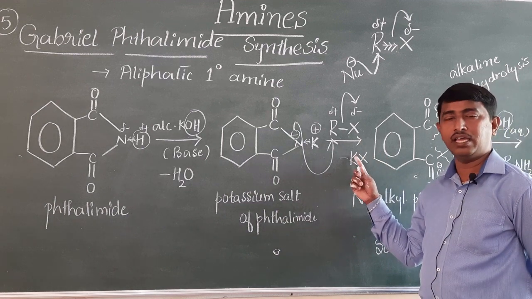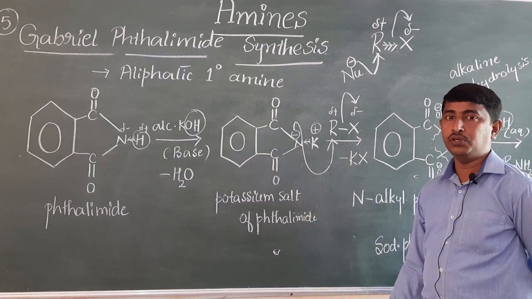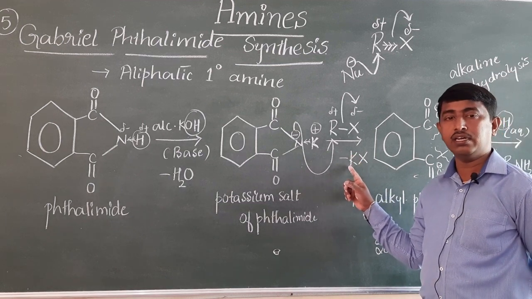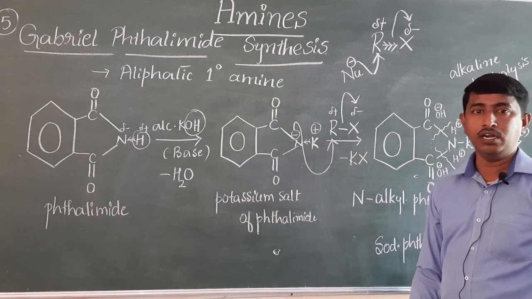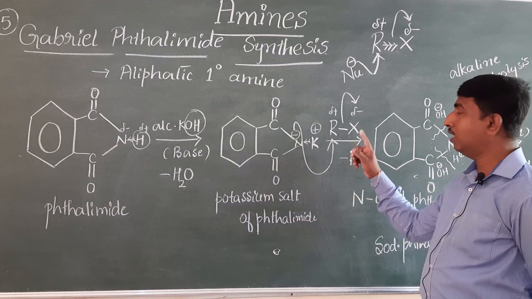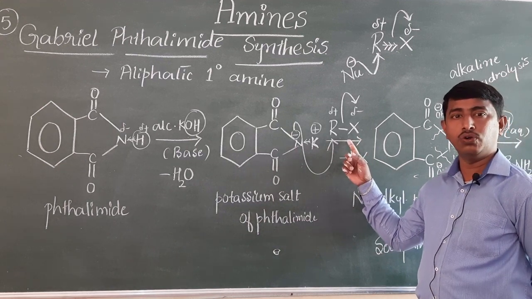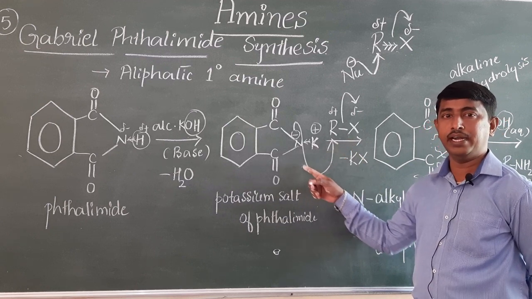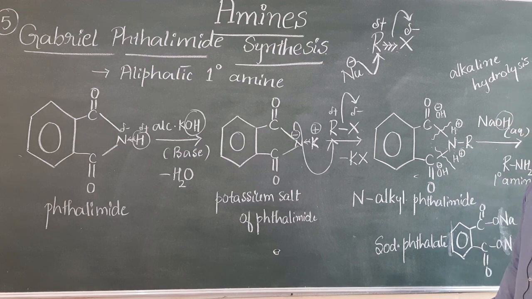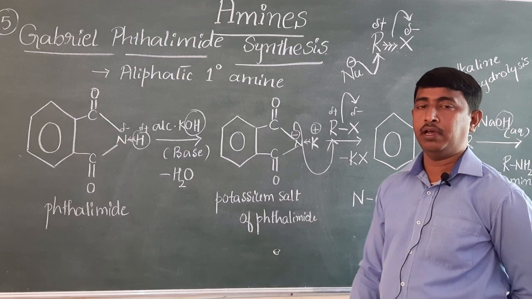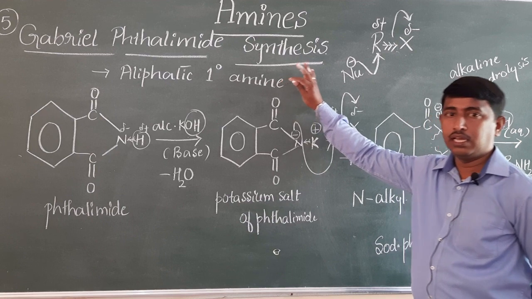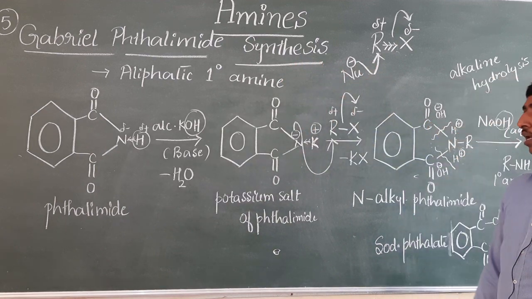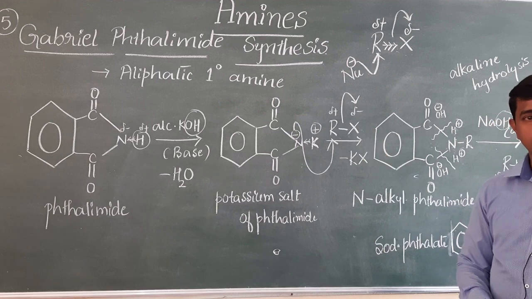Aryl halides are less reactive towards nucleophilic substitution, or they undergo nucleophilic substitution only under drastic conditions. So the aryl halide cannot undergo nucleophilic substitution with the nucleophile, that is the phthalimide ion. So aromatic primary amine cannot be prepared by using Gabriel phthalimide synthesis. Only aliphatic primary amine can be obtained by using this method.